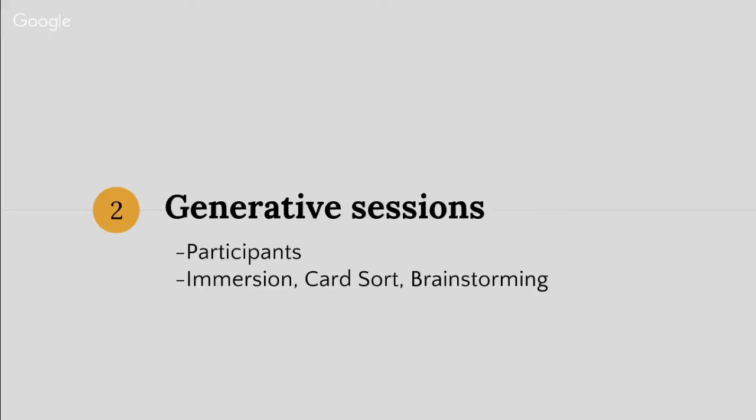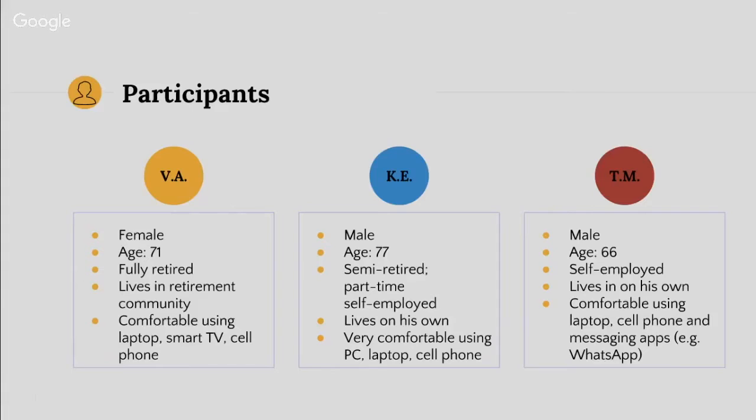So with the generative sessions, I chose 3 of them: immersion, card sort, and brainstorming. One of the limitations I came across was the number of participants. So I did find 3 participants. The first one is a 71-year-old female who was fully retired, lives in a retirement community, and is comfortable using laptop, smart TV, cell phone.